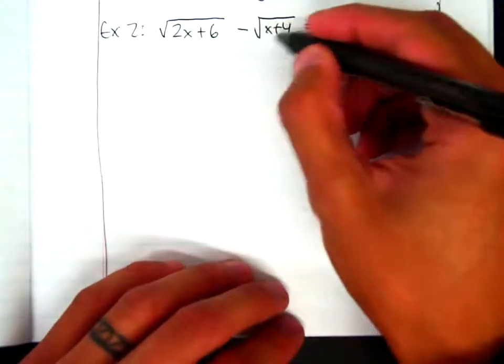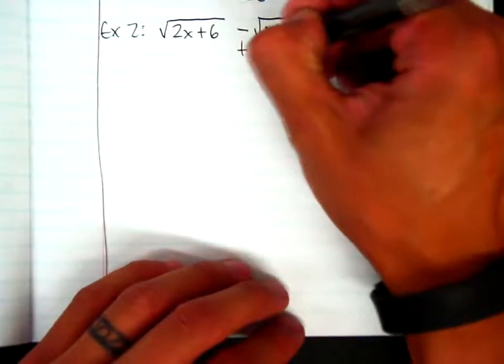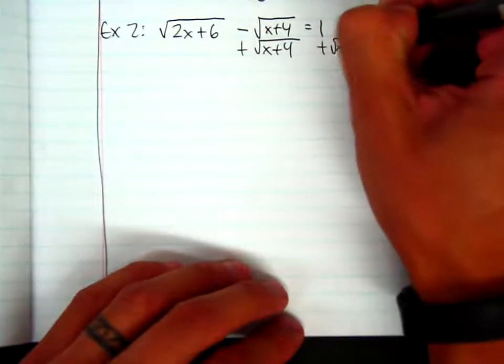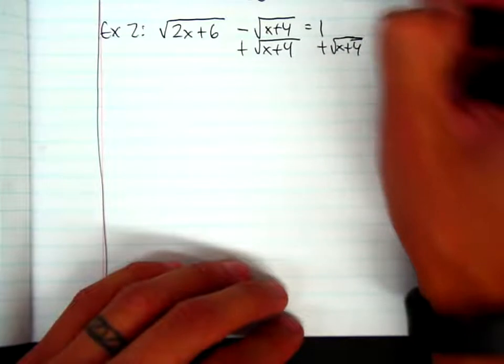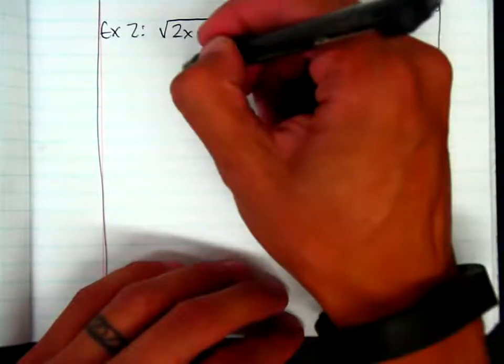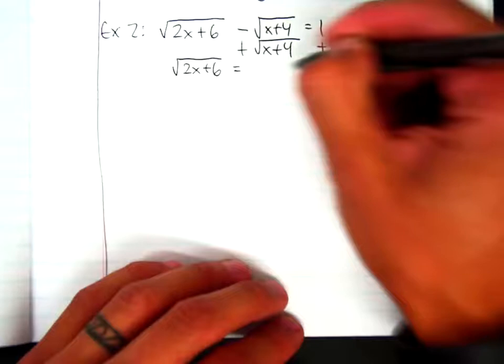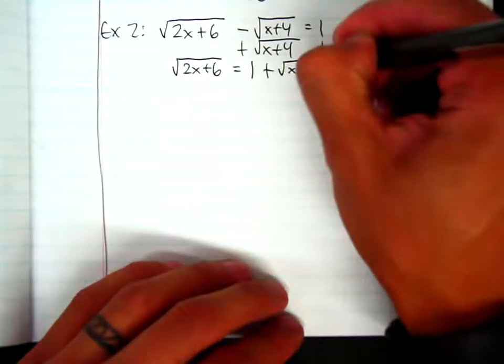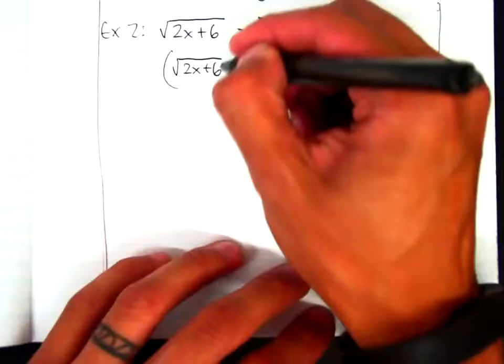So I'm going to add radical x plus 4 to both sides. So I will have radical 2x plus 6 equals 1 plus radical x plus 4. And then at this point, I'm going to square both sides because one of my radicals is isolated.